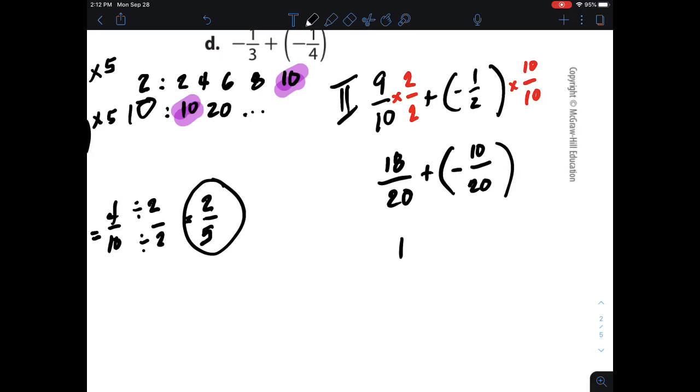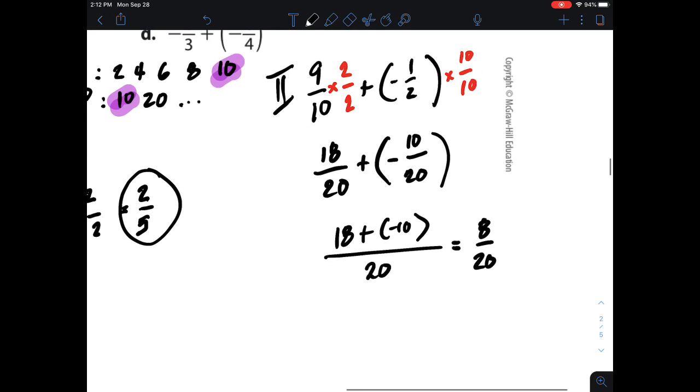So what's 18 plus negative 10, and we keep the same denominator of 20. 18 plus negative 10 is actually 8 over 20. And now all we need to do is simplify it. The greatest common factor of 8 and 20 is 4. So we divide this by 4 over 4. So we end up with 2 over 5.